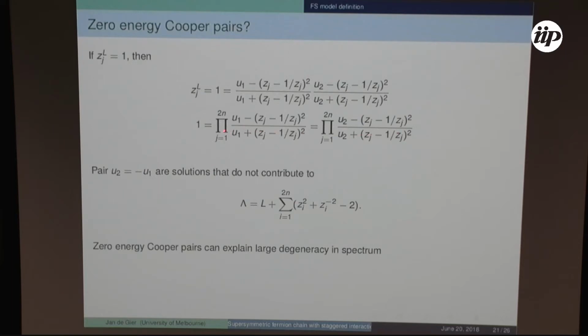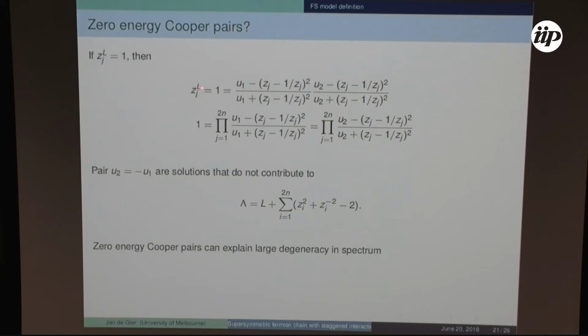They can just be satisfied by solving this equation for u. And so if you have such a pair, you can just create that at zero energy because it doesn't contribute to the eigenvalue at all. Right? So if z to the L is equal to 1, then I can introduce such a pair in the Bethe equations, and the Bethe equations don't change.